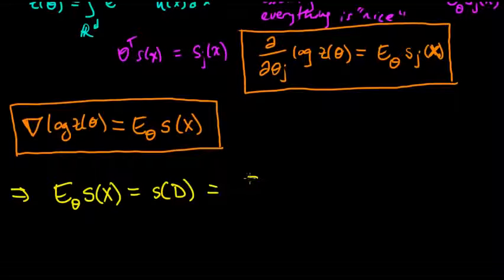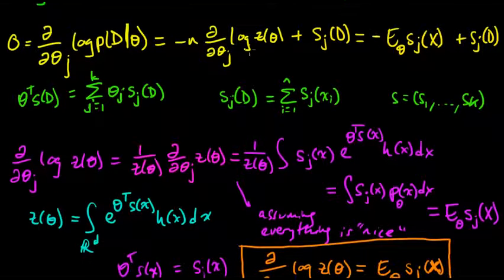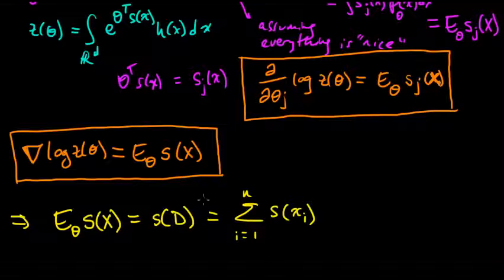So this is the sum, as i goes from 1 to n, of s of x_i. Oh wait, something's wrong here. Oh yes, of course, I left out the n. My goodness, I left out the all-important n. Right. So the n goes with the expected value, so this is n here.